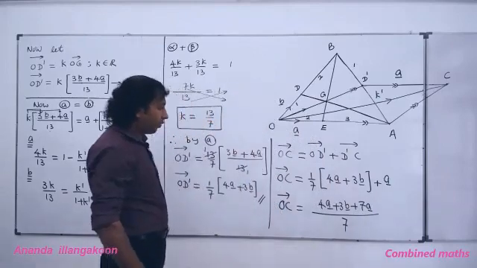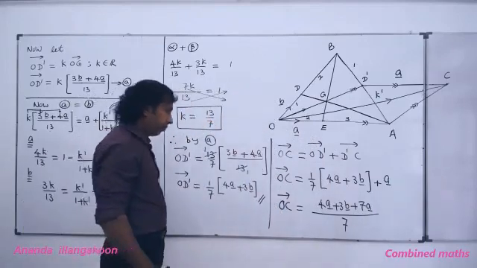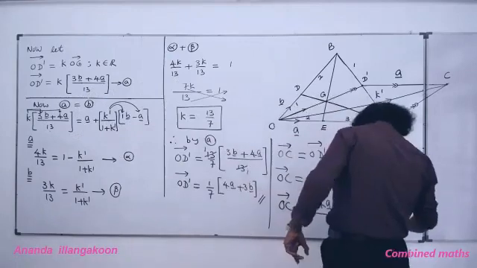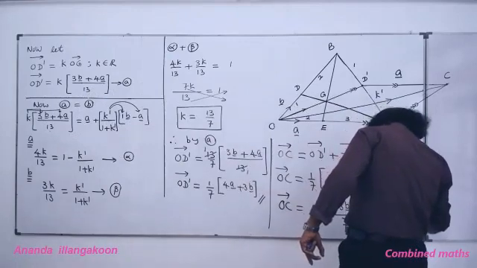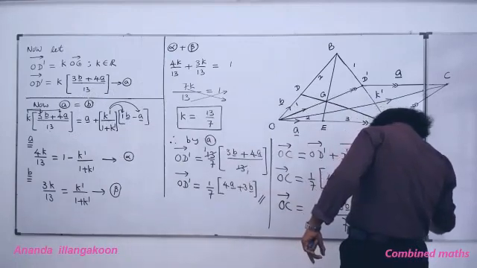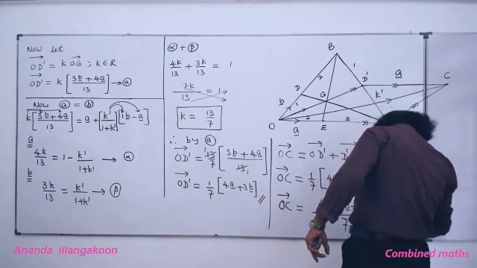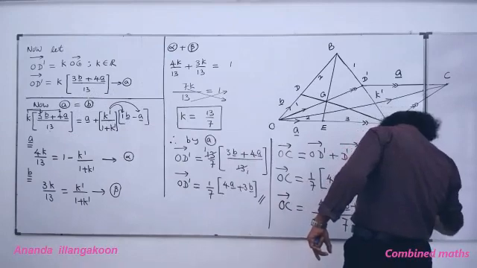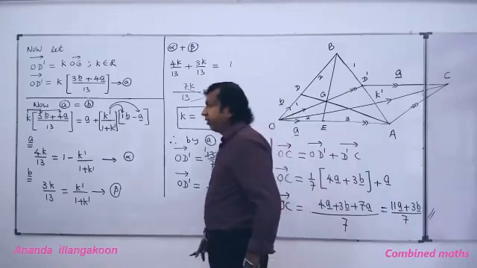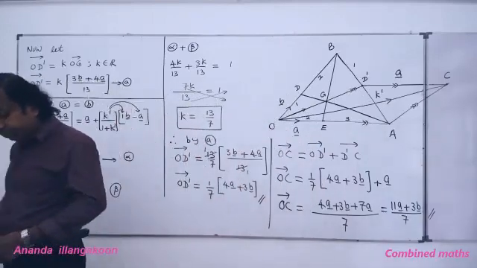Then you get 11A plus 3B by 7. This is the OC vector. This is how we find that OC vector.